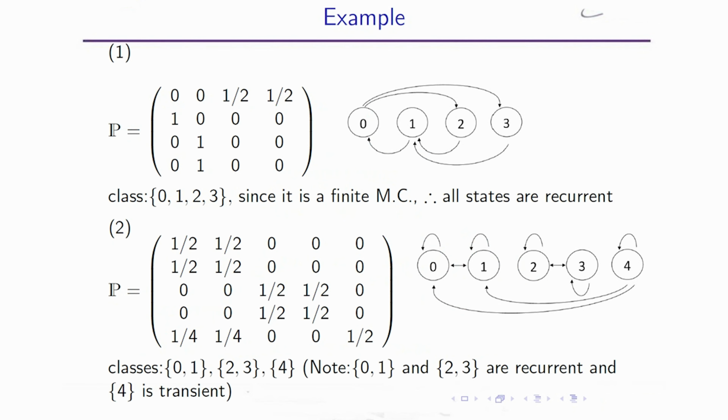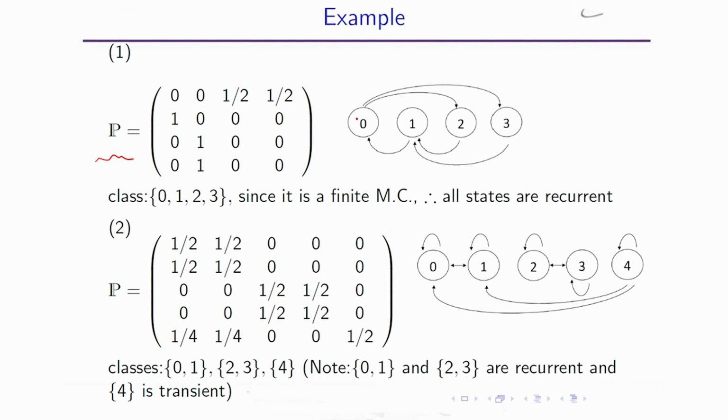Example. We have a one-step transition probability matrix here, and we can draw the diagram like this. As we learned, how can we classify the states? 0, 1, 2, 3, all of them belong to the same class. Why is that? You can check. Can 0 go to 1? Yes.